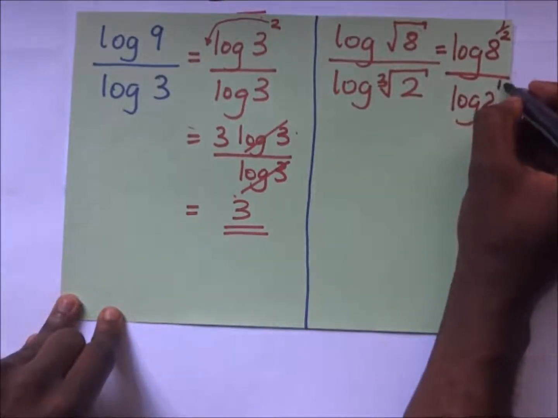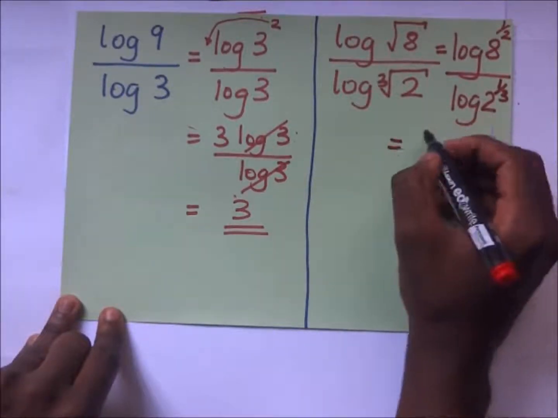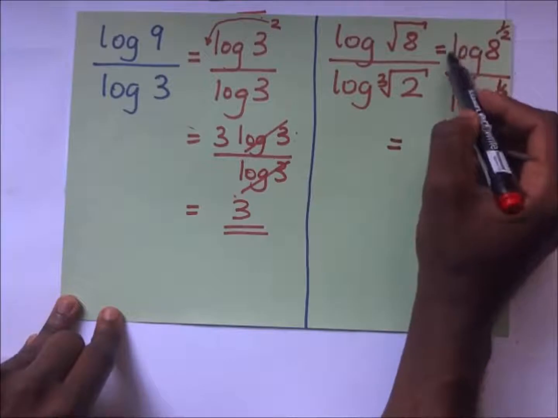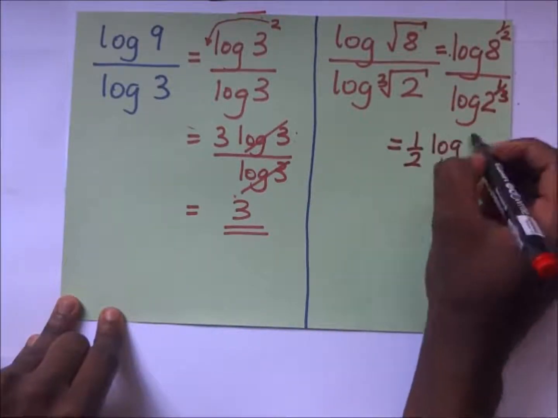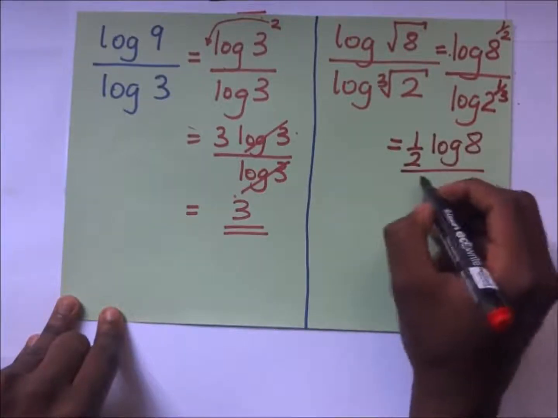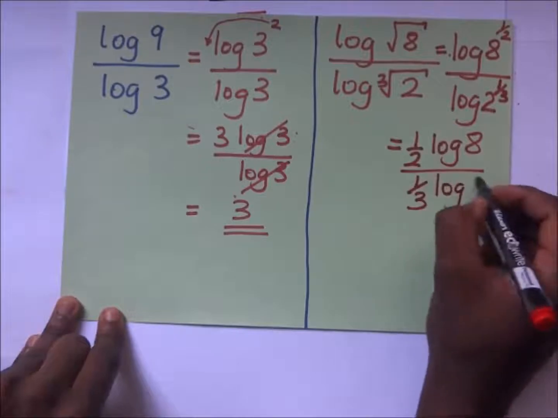So when this half comes to become the coefficient, it becomes a half the logarithm of 8 over a third times the log of 2.